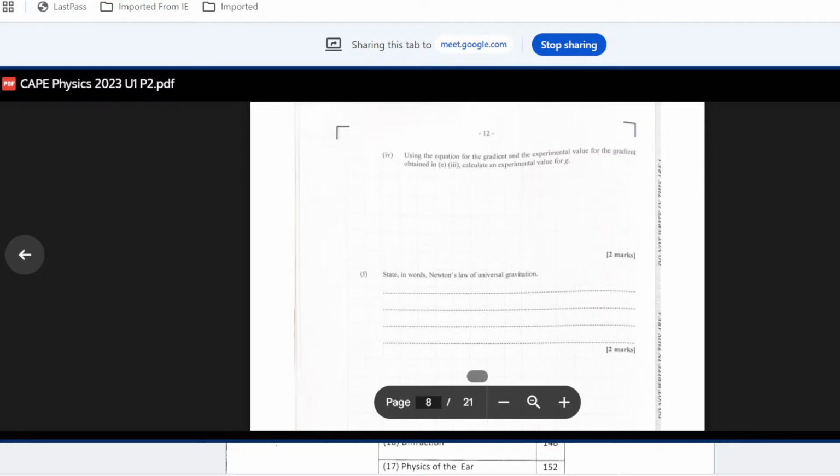You would equate the gradient from the equation, 4 pi squared m r over g, to whatever the gradient was of the graph, and then transpose for g. So let's say our gradient was 0.05. Let me estimate something to have something to work with.